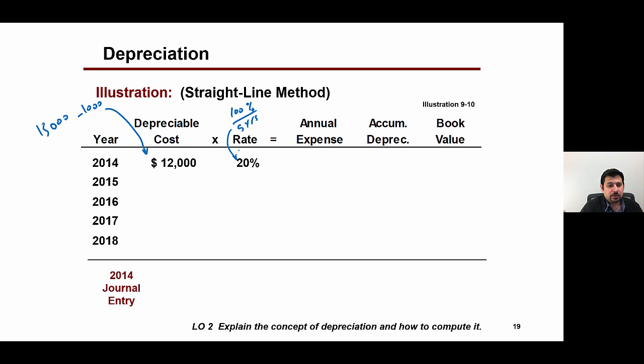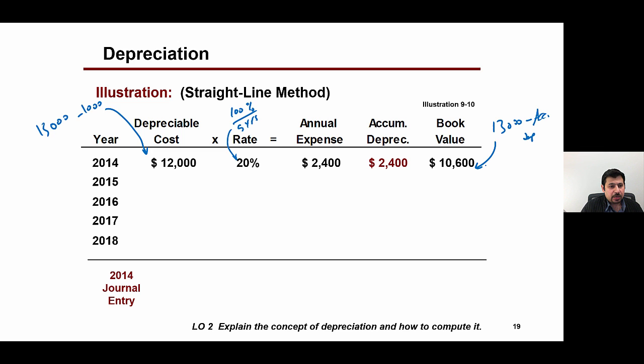That would give us the annual depreciation expense of 2,400. For the first year, accumulated depreciation is 2,400, and here we can calculate the book value, which is the original cost of 13,000 minus accumulated depreciation.